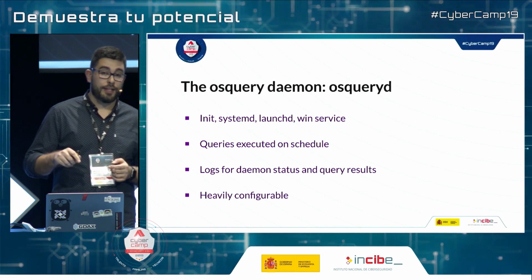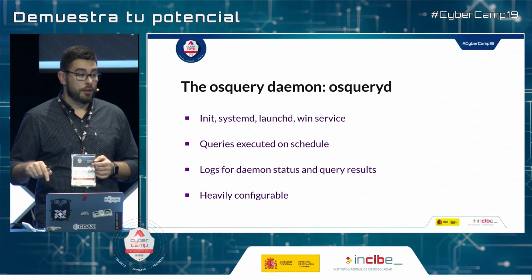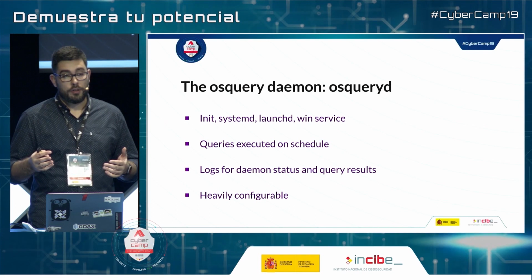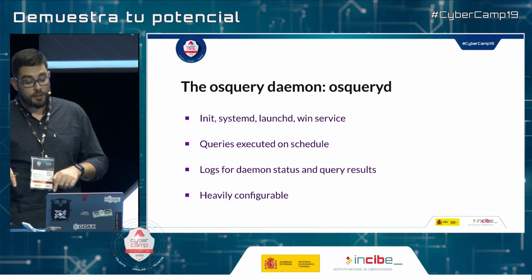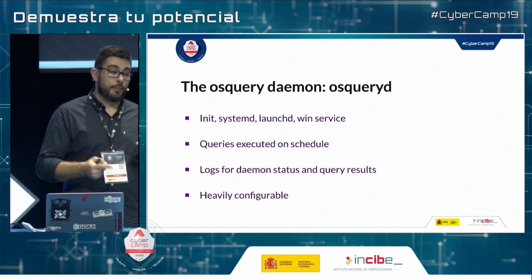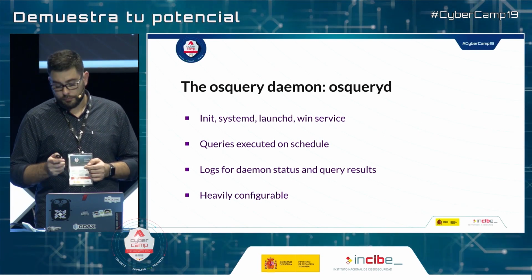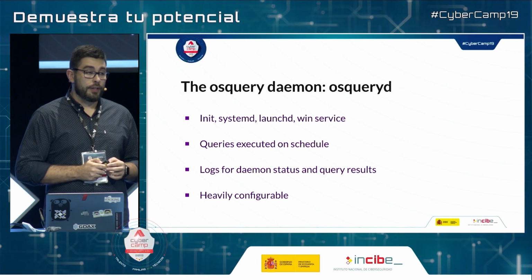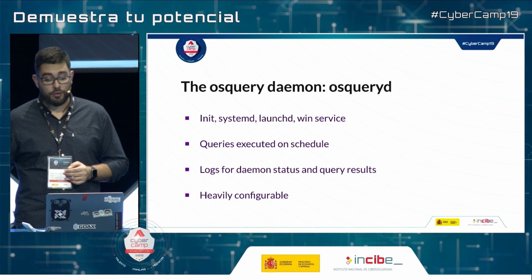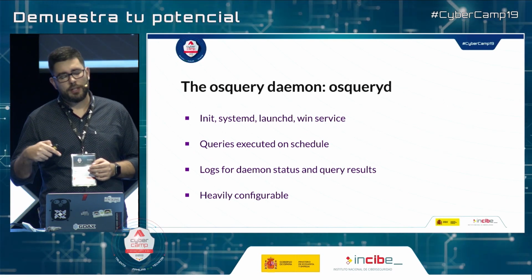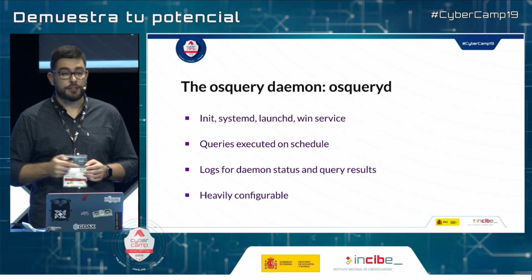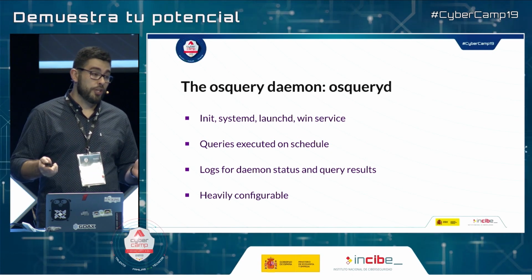So what you would use instead of OSQuery is OSQueryD, which is OSQuery's daemon. And the difference is how you launch the queries here. You install it as a service, as an init, systemd, launchd and Windows service.